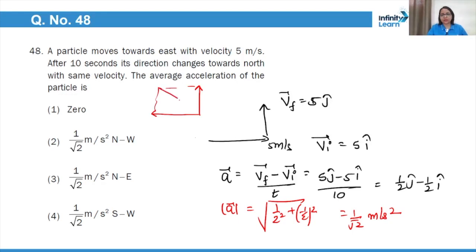So using the parallelogram law of vector addition, you can find its direction. These are 1 by 2 and 1 by 2 magnitude, so an equal 45 degrees will be there with the resultant. And this is your northwest direction. So the correct answer is option 2.